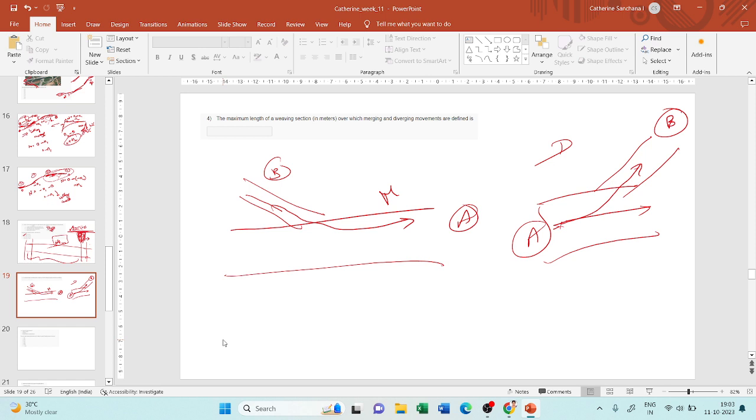Then what is weaving action? It is a combination of merging and diverging. What do I mean by this?